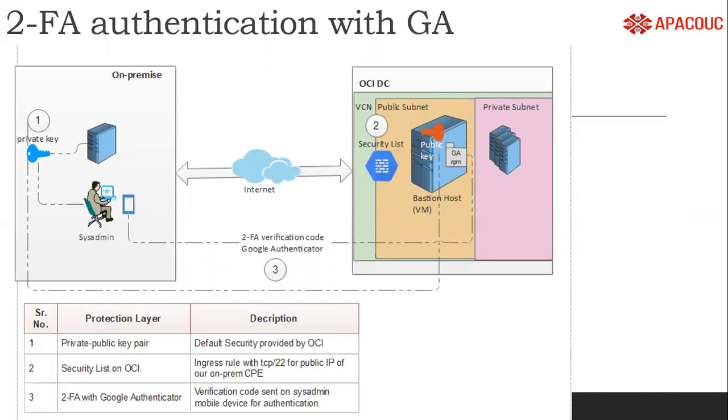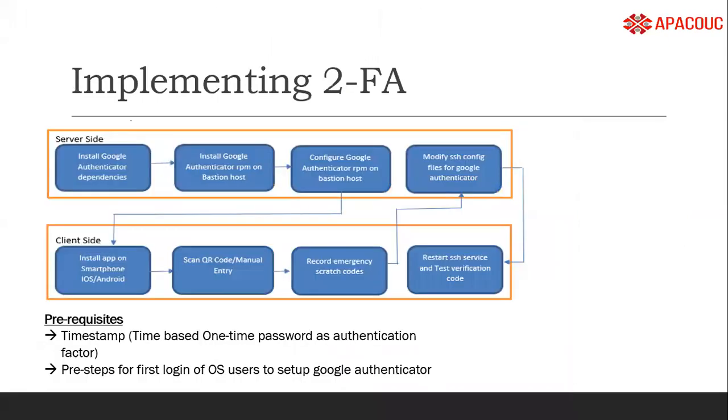We have a few steps that need to be done on the server, followed by certain steps we need to do on our mobile devices. Implementing two-factor authentication is pretty simple. It requires certain dependency packages to be installed for the Google Authenticator, followed by installing the Google Authenticator RPM onto the Bastion server.